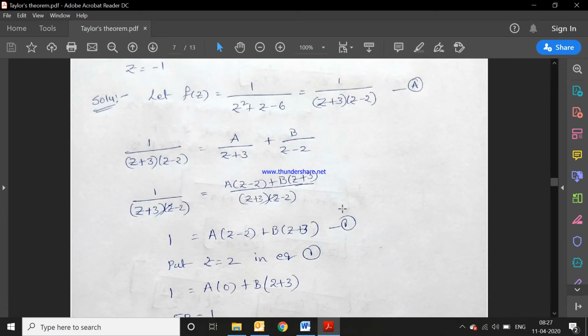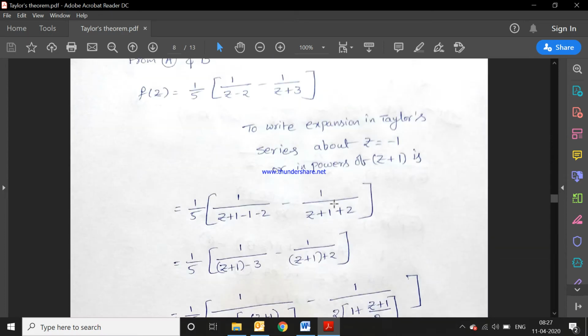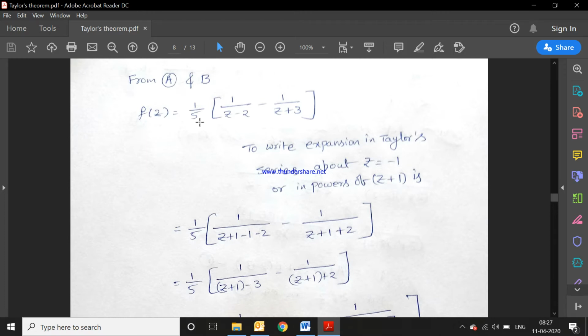From a and b we have to write f of z is equal to 1 by 5, which is common from both the partial fractions, so 1 by 5 into 1 by z minus 2 minus 1 by z plus 3.